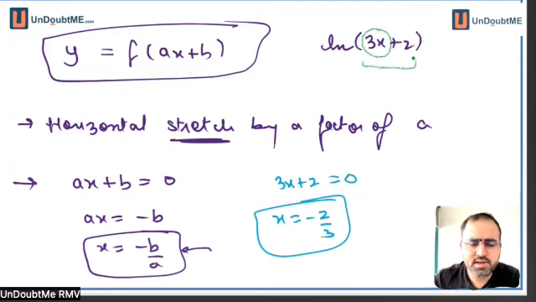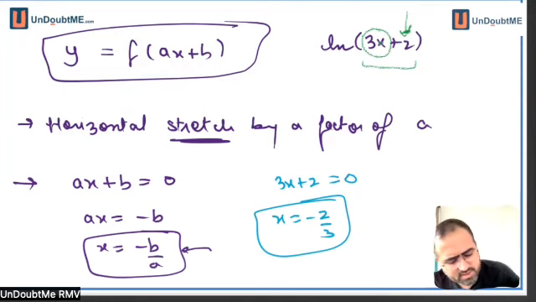Whenever there is a coefficient, it always creates compression or expansion. But along with that, if I have plus or minus something, like over here we have 2, it will be shifting to the left or to the right. So this time it is shifting to the left because it is 3x plus 2.